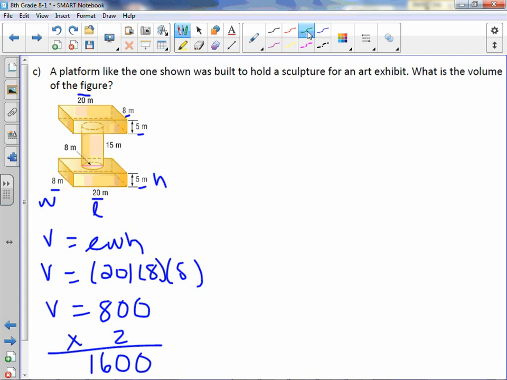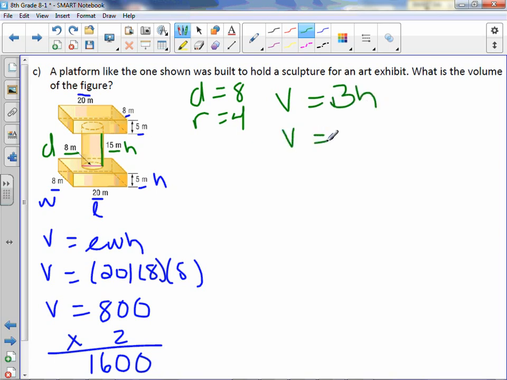Now let's find the cylinder. The diameter is 8, and the height of the cylinder is 15. We need a radius, which would be half the diameter, so 4. Volume equals pi r squared h.